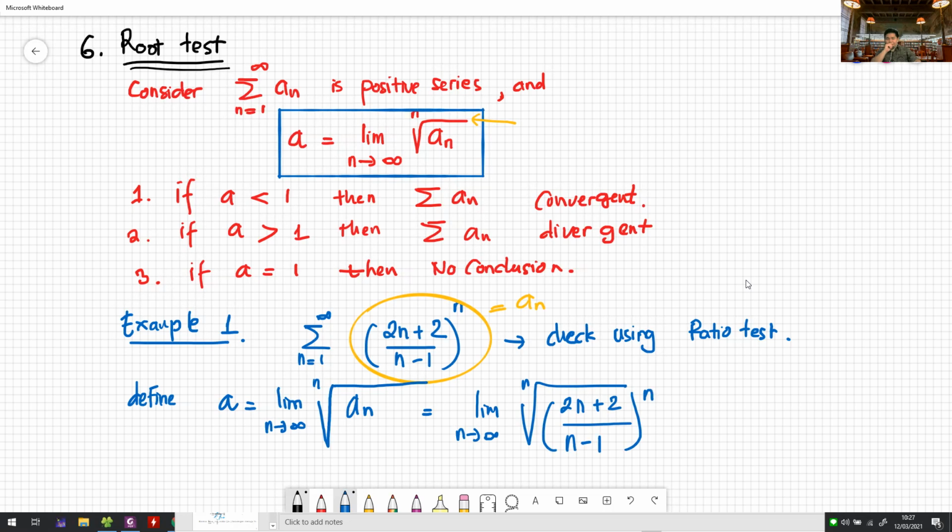Akibatnya apa? Dia pangkat n, kemudian diakarkan pangkat n. So what do we have? We have only this following term. The power itself vanishes. I mean, 2n plus 2 divided by n minus 1. Benar nggak?